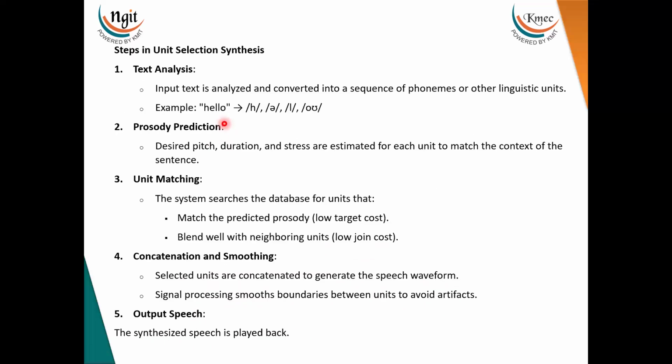So you can understand the steps in unit selection synthesis with the real-time example I revealed with your Siri or Google Assistant or Alexa, where the text input is taken, then the unit selection happens.